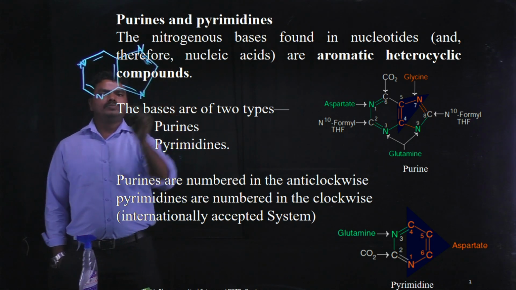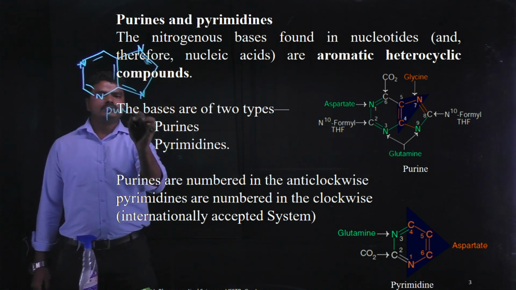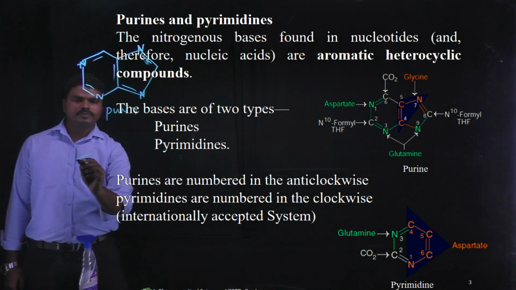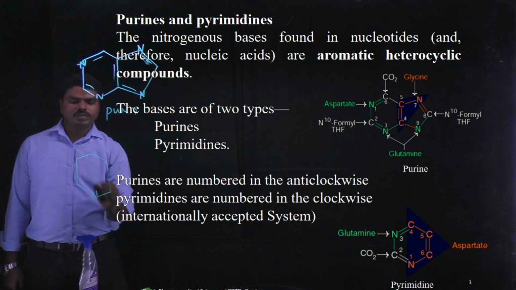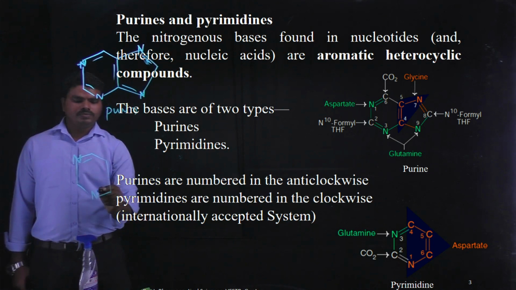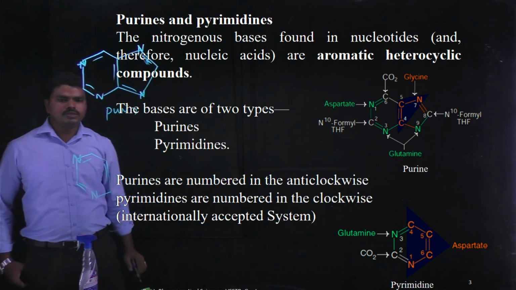This is the purine ring. And coming to the pyrimidine ring, this is the pyrimidine ring. It consists of 2 nitrogens in its aromatic ring.